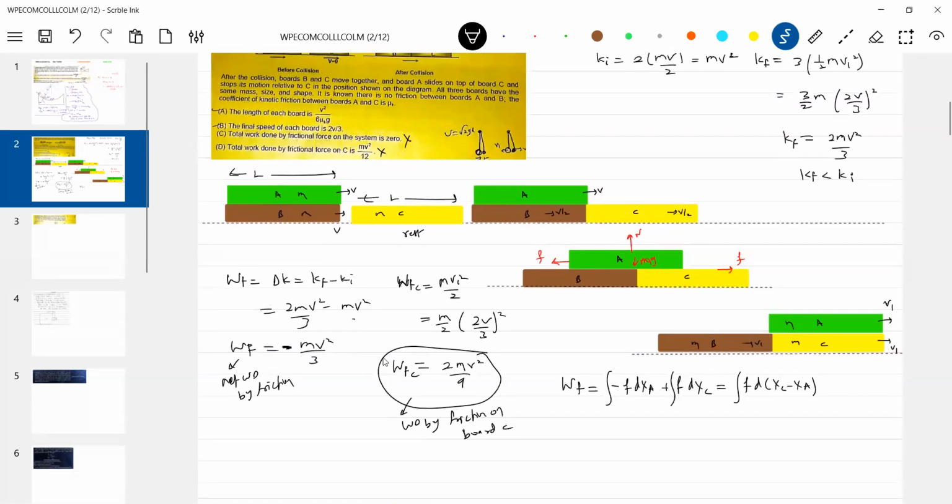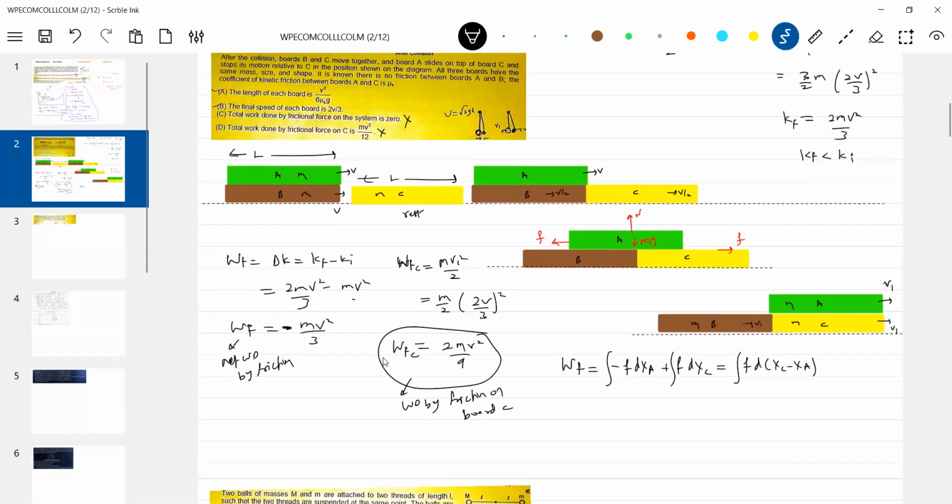We'll keep this much of the diagram. How to bring in this particular part? Let me define the normal contact, because some XA length of the plank is on B and some length is on plank C.